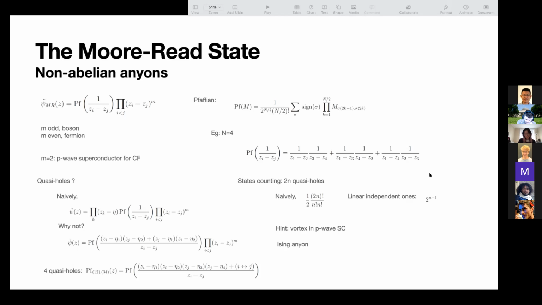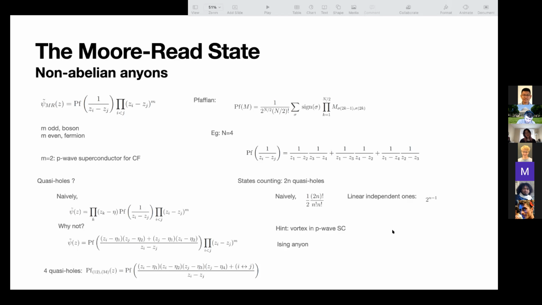Yeah, so why does this happen? As I mentioned before, this m equals 2 is a p-wave superconductor for composite fermions. So these quasi-holes are actually vortices in a p-wave superconductor. If we compute the bound state of the vortex in a p-wave superconductor, we will find that it's actually a Majorana fermion.